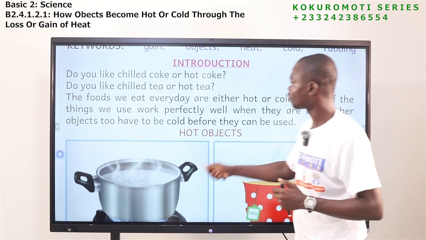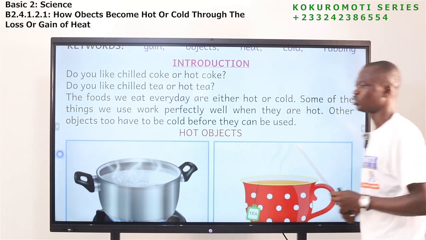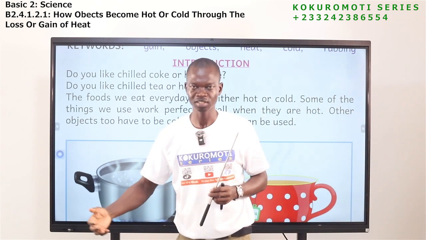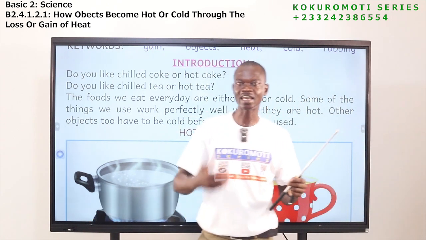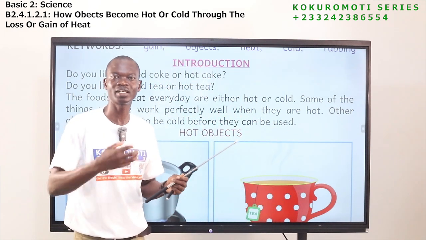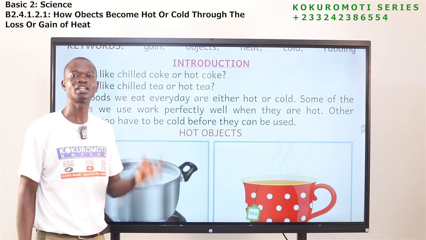Others too have to be cold before they can be used. So in the house, the objects that we use are able to work perfectly well when they are hot. Others too need to be cold before they can be used.